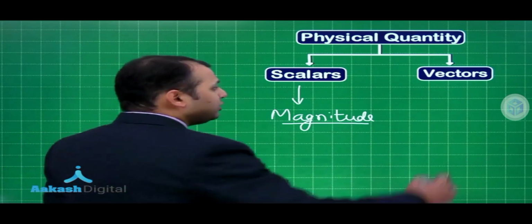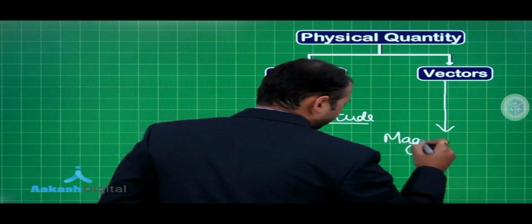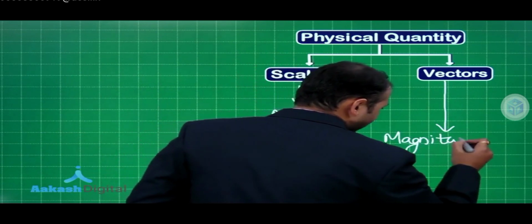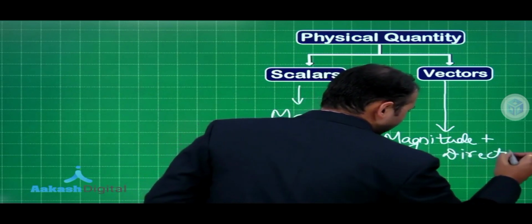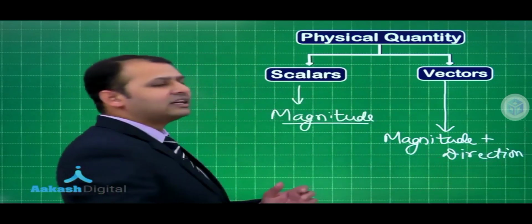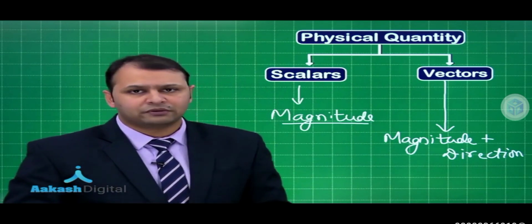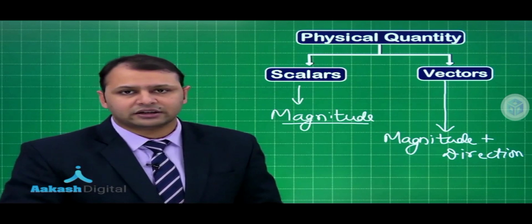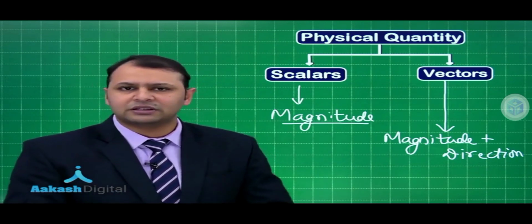So when you have 2 things, that is magnitude along with a direction, then this is known as a vector quantity. Let me give you another example. Suppose there is a boy who is running with a speed of 50 meters per second. Now, if you just want to know the magnitude, it's a speed that is 50 meters per second.